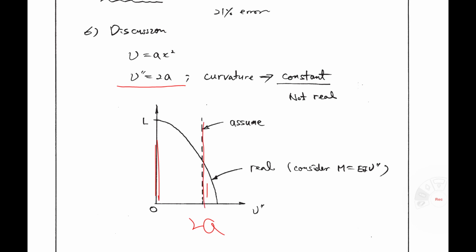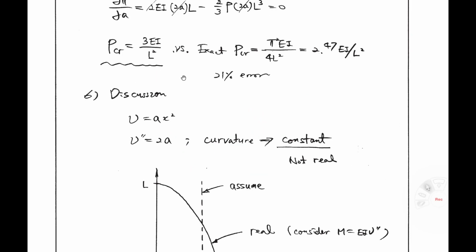But the real one is like that. Real curvature shape is like this. So when we calculate in this procedure, we use this curvature. This curvature indicates constant, but the real one is not constant, like that. So our assumption has some problem. Our result has considerable error, like that.